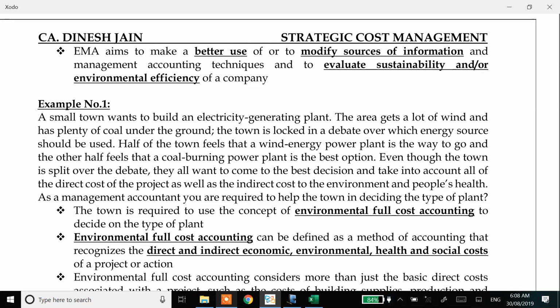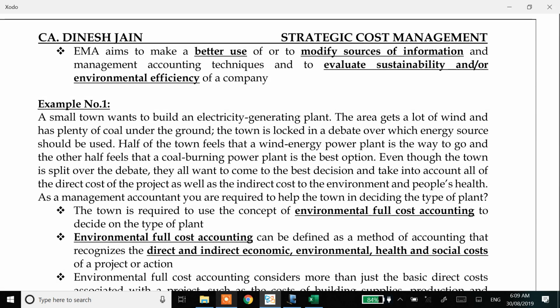Now in this example, somebody wants an electricity generating plant. I have two options, one is to go with wind, the second is to go with coal. If I go with wind, it's a renewable source of energy. There are no major issues on the environment side. The solution just says that wind may make some noise, and that noise may impact the people around, so there is noise pollution associated with wind.